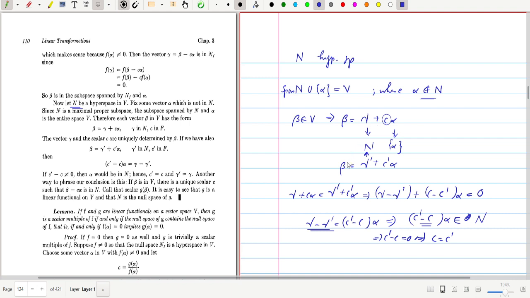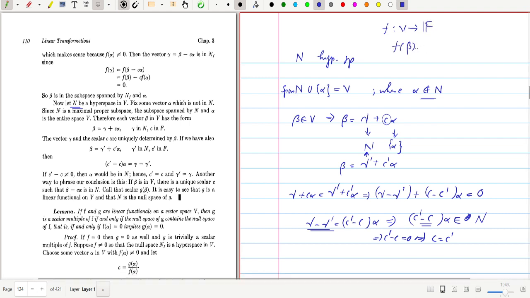So this would enable us to define a new map, say f from V to the scalars, defined by: any beta belonging to V can be written as gamma plus C alpha, and the C is unique. Then define f of beta equal to C.